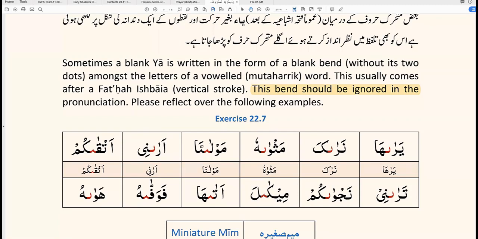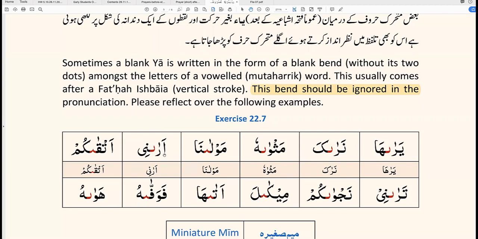There's a noon with a fatha followed by a blank alif. But this blank alif, because there's a fatha, this is an alif madda. So this is read for 2 seconds. Na. Well done. Maulana. Alif with the fatha.